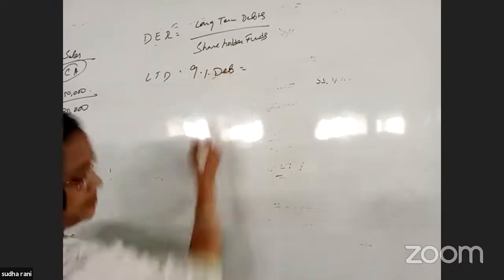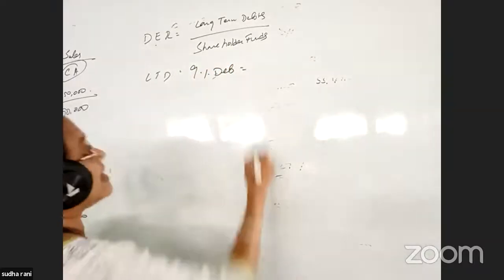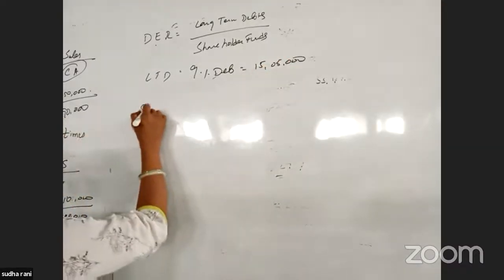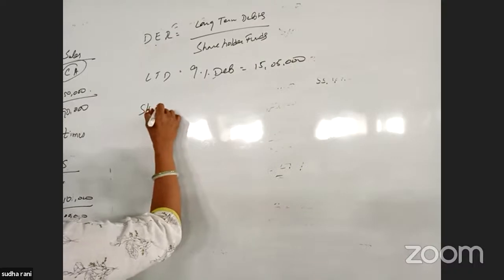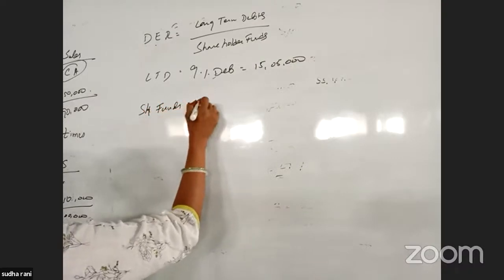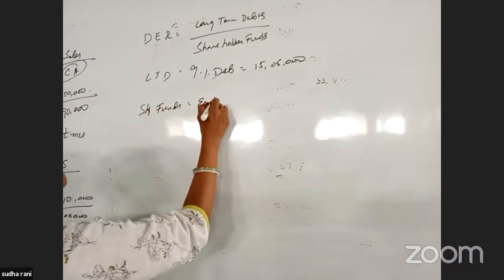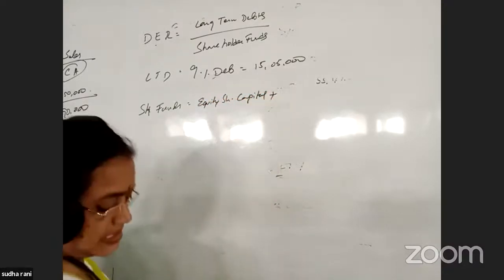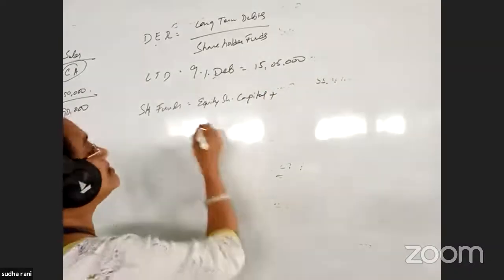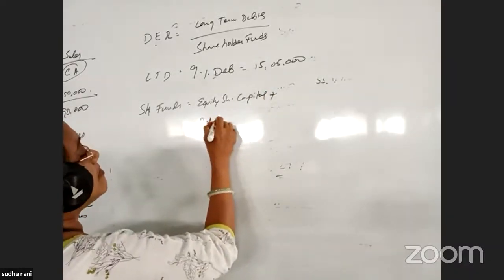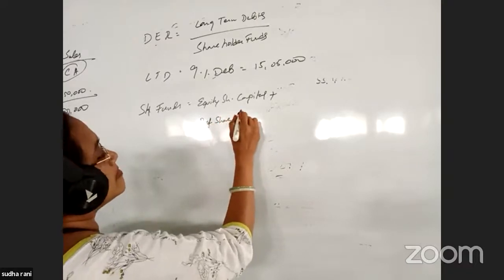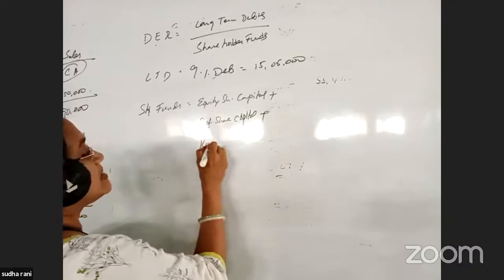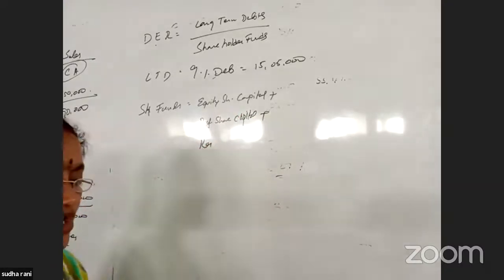So what is its value? 15,05,000. And shareholder funds are equity capital plus preference capital plus reserves and surplus, whatever relates to the shareholders.